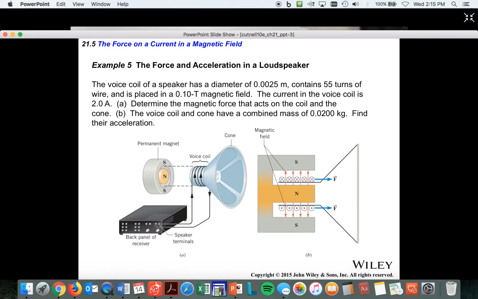That's a pretty big magnetic field. The current in the voice coil is 2 amps. That's a big current too. Determine the magnetic force that acts on the coil and the cone. Okay, the coil and the cone. All right, cool.